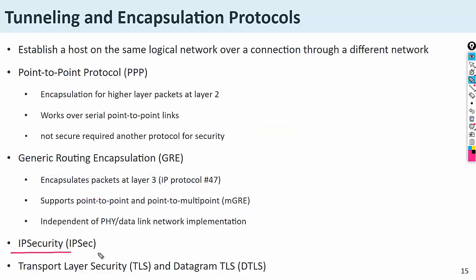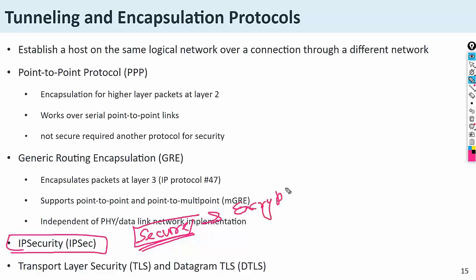There is another type of protocol which is used for creating a tunnel, but this time the tunnel will be secure. So what is the meaning of secure? Secure, all of us know, is when encryption is used. Encryption means a key value is used to encrypt the packet.